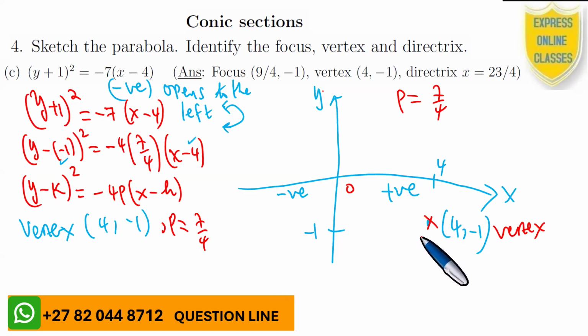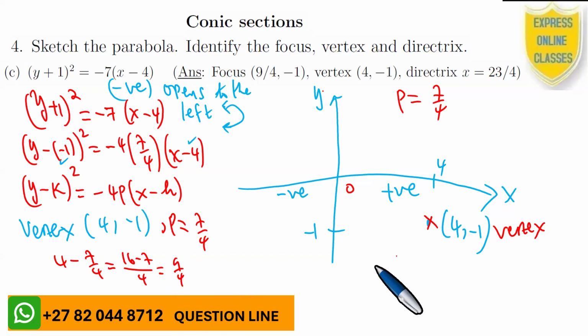So now, if we measure P, because it opens to the left, but the number is 4, you're going to have 4 minus 7/4, because you're going to move to the left. 4 times 4 is 16, minus 7/4, which is 9/4.